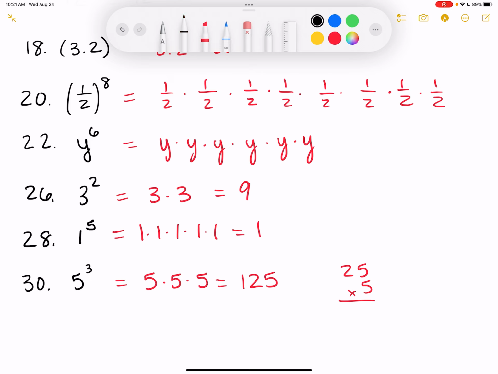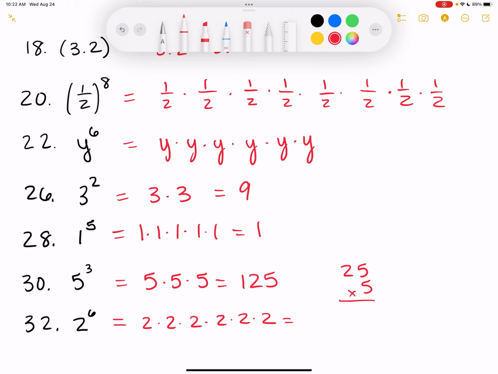All right, 32. We have 2 raised to the 6th power. So we have 2 times 2 times 2 times 2 times 2 times 2. So with this one, I would just work your way across.